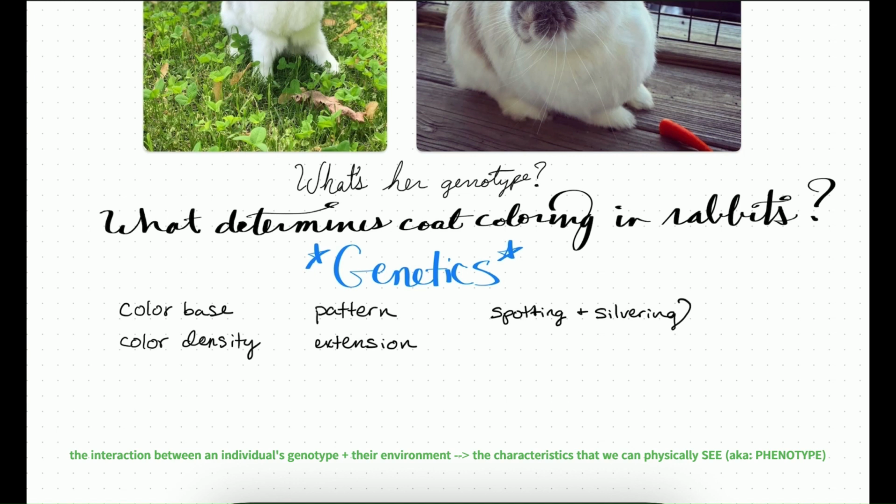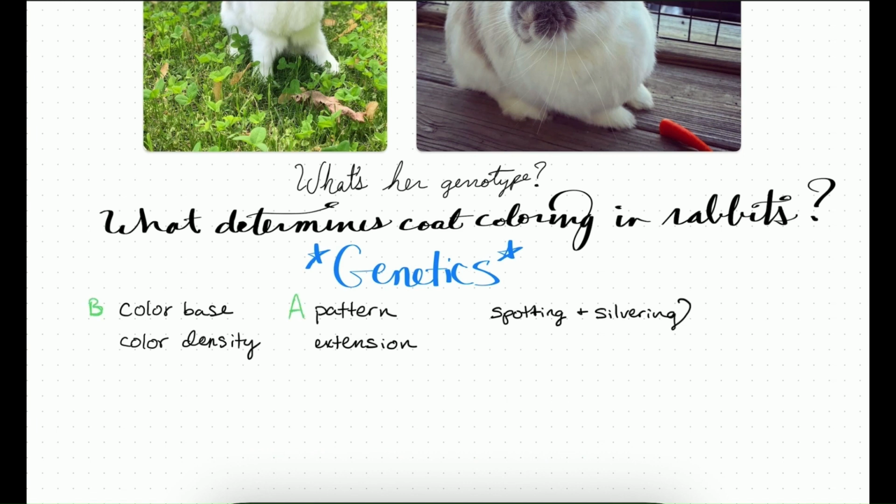Now, there are currently 7 different known coat color genes in the rabbit genome, and those that code for coat color and pattern are our A, B, C, D, E, spotting, and silvering genes. Let's learn more about each gene and how genotype influences phenotype.